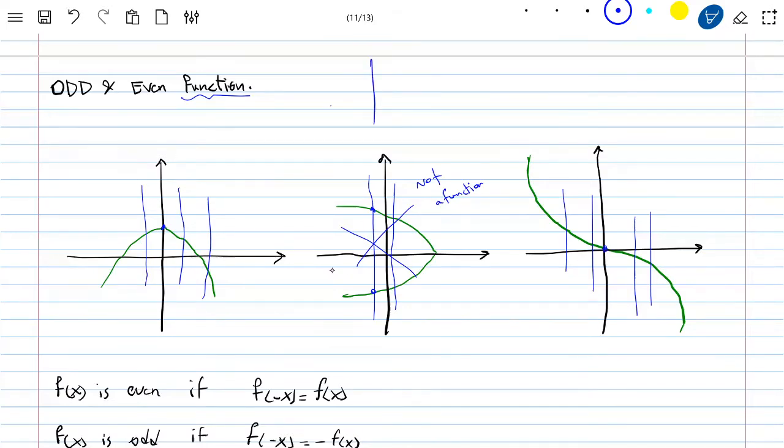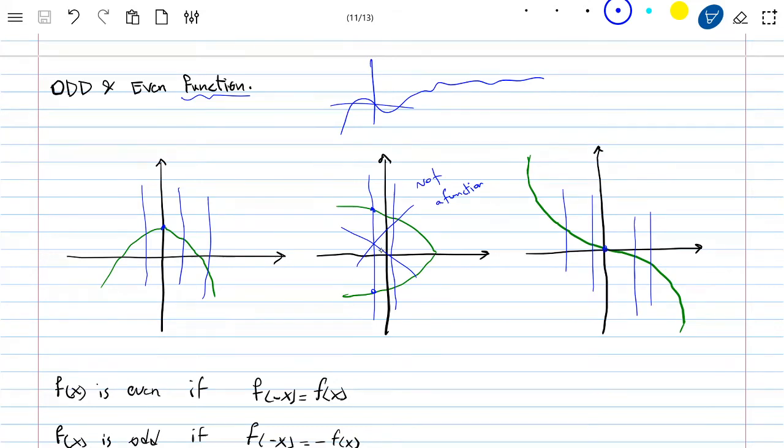If I have a function that looks like this, it's not symmetric about the x-axis, the origin, or the y-axis. So therefore, it's not symmetric at all. But if there is a symmetry, it should be one of these two cases: either symmetric about the y-axis, or symmetric about the origin.